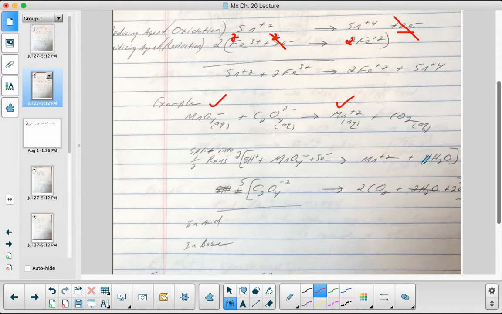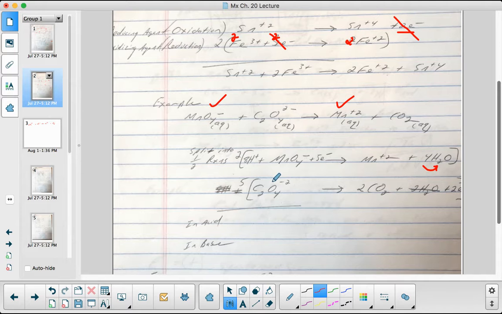And so I would add 4 water molecules to balance out the 4 oxygens here. When I do that, I end up throwing hydrogen into the mix. And so I have 8 hydrogen ions here, 4 times 2, and so I would put the hydrogen ions over here.